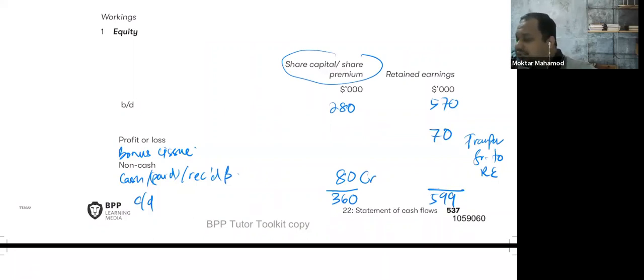So on the credit side ni of the accounts equity, so maksudnya debit cash. So credit 80 ni maksud debit cash. So cash inflow 80. So credit share capital lah, share capital, share premium ni 80. Inilah the 80 yang dekat atas tu. So itu adalah cash inflow.